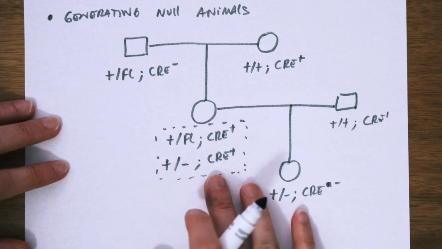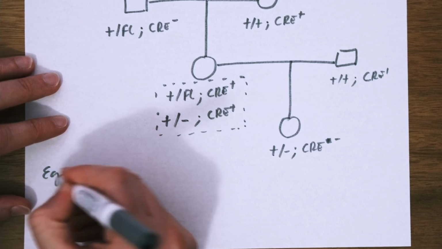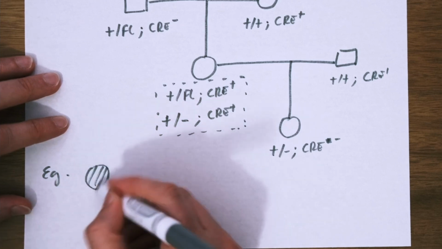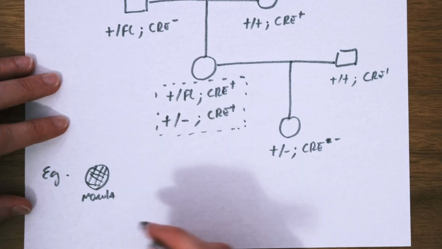So which are the different strategies to generate germline depleted animals? First, you can try depleting in most of the tissues, including the germline, or you can target specifically the germline. Just to give some examples, we have the morula, one of the first stages in embryo development.